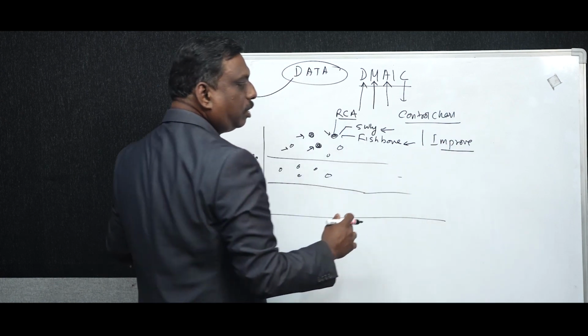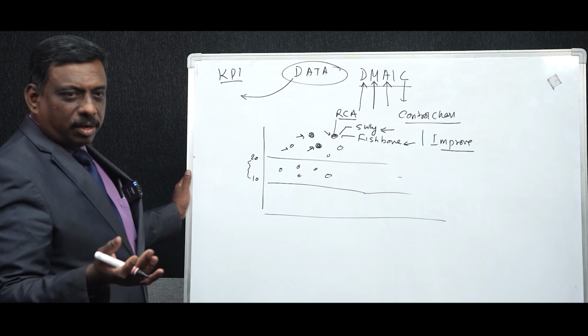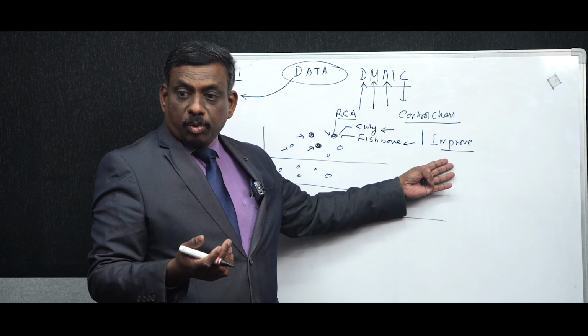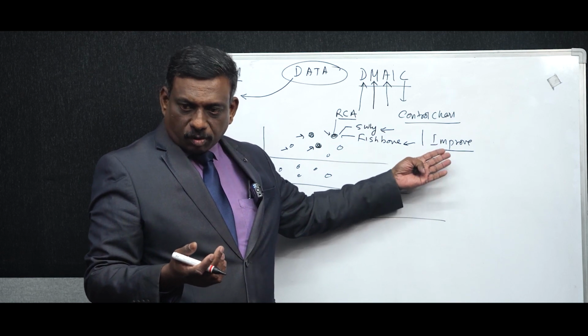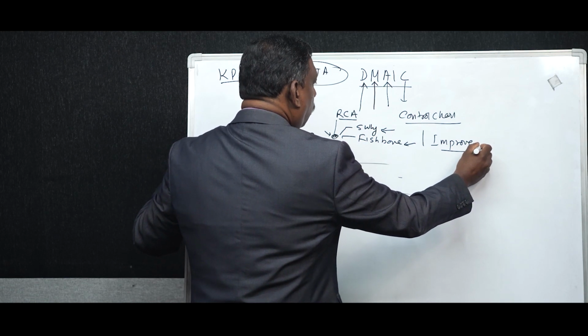When you analyze, then you can go for the next session where you will do a brainstorming or brain writing, or various tools can be used, and it will give you how to solve the problem. Once you get the solution, then you implement it.